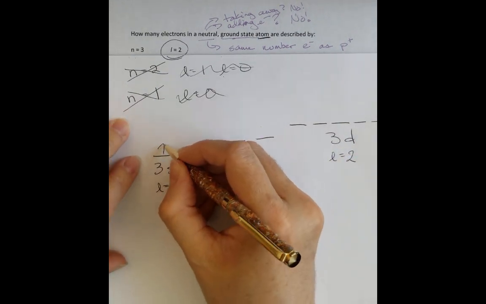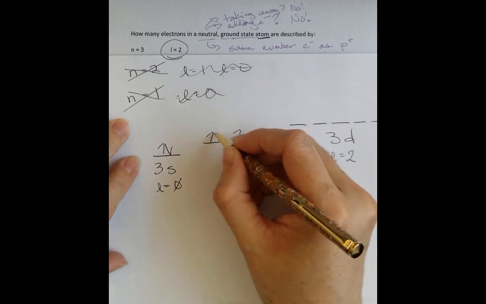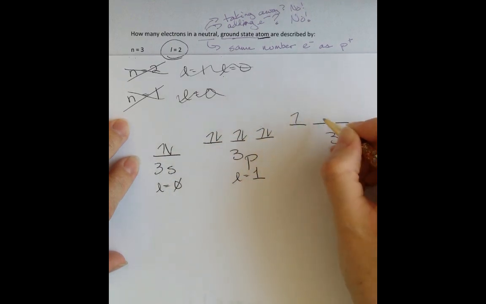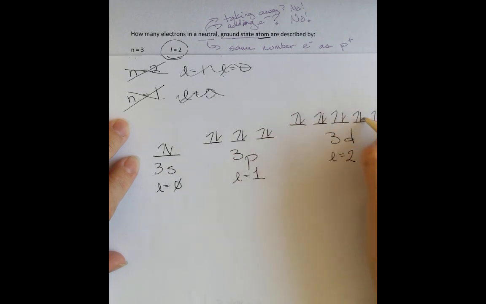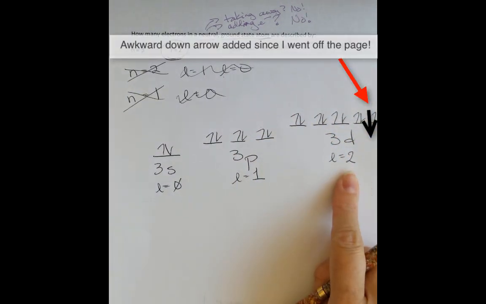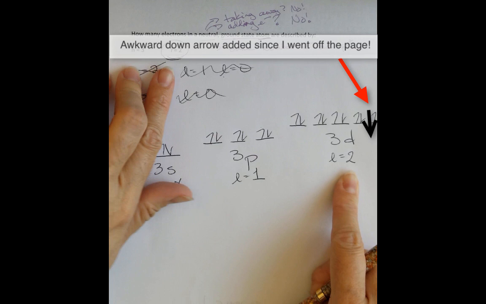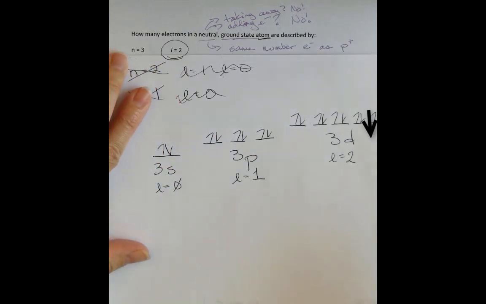So even though we can talk about having electrons in all of these places, the only ones we care about in this case are where L is equal to 2, because we want both of these cases to be true. So all we care about then is this last setup.